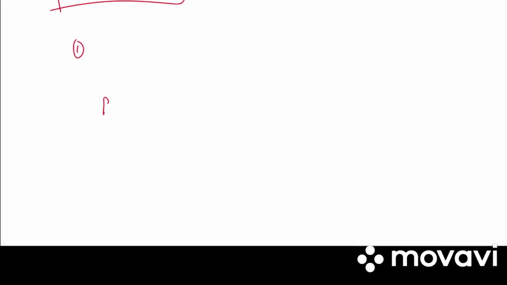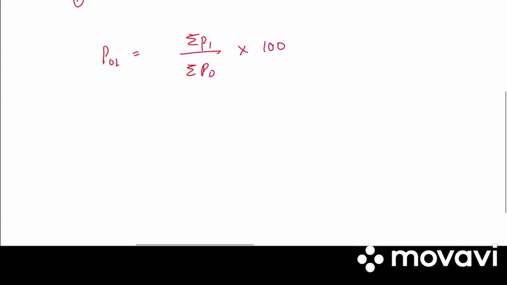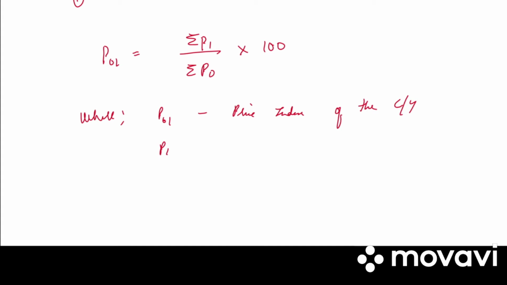So the formula will be P01 is equal to summation P1 divided by summation P0 into 100, where P01 is price index of the current year, summation P1 is sum of the prices of commodities in current year, and summation P0 is sum of the price of commodity in base year.